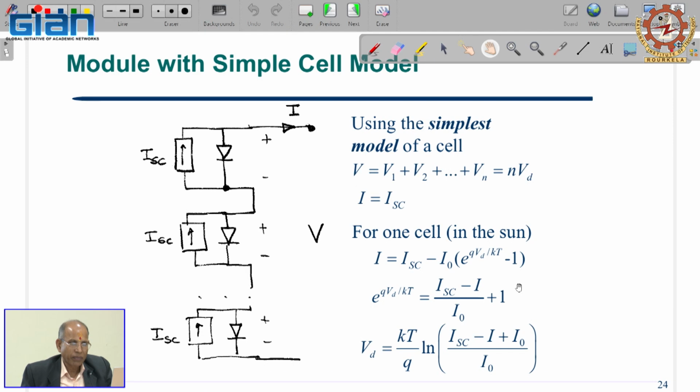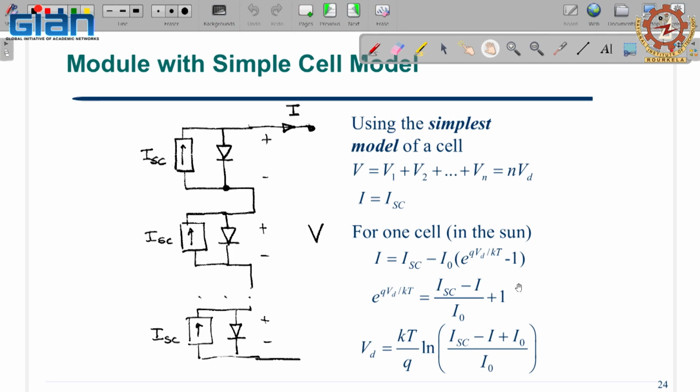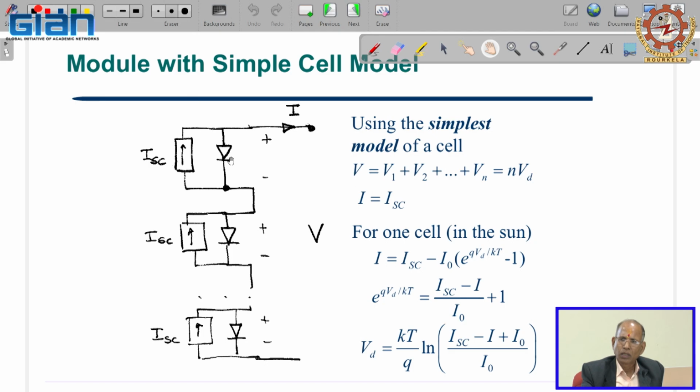So here, as you are doing this with modules, you are connecting different numbers of modules in series. Considering this simple circuit, say you are connecting 5, 10 or n number of modules in series. This slide very nicely explains it.